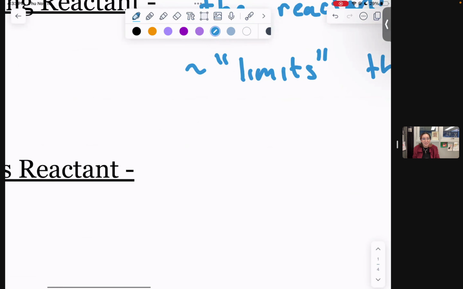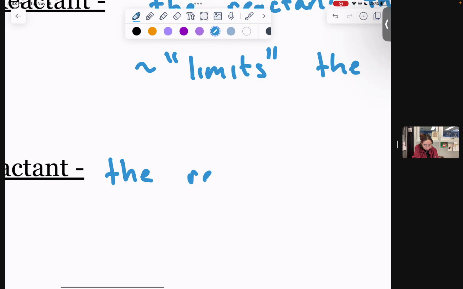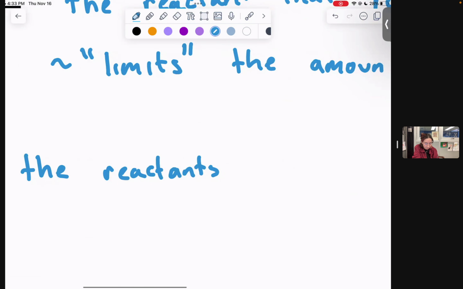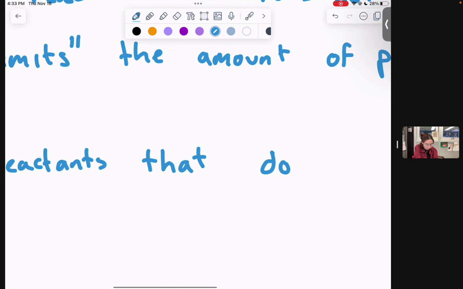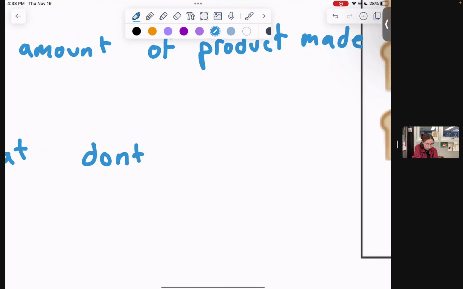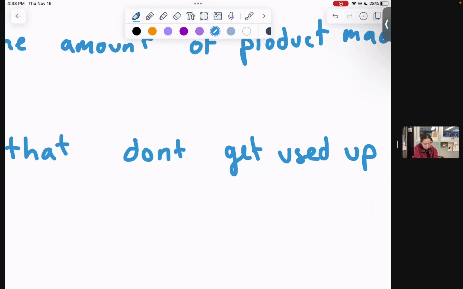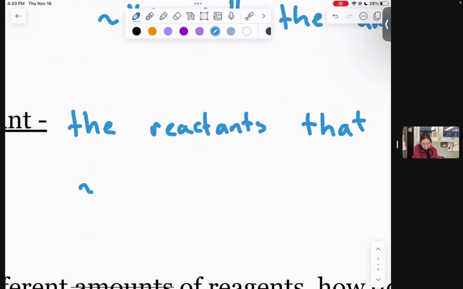Okay, so if one of them is limiting, one of them is going to run out. Your other reactants, you're going to end up with some left over, and we call those the excess reactants. So those are the reactants that don't get used up, AKA we're going to end up with them left in excess.